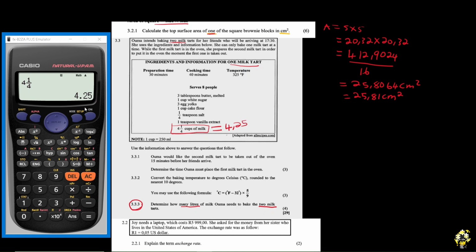milk. But now the question said, how many liters of milk will Oma need to bake 2? First, let's change this into a volume, into milliliters. Why? Because that's what we've been given here.